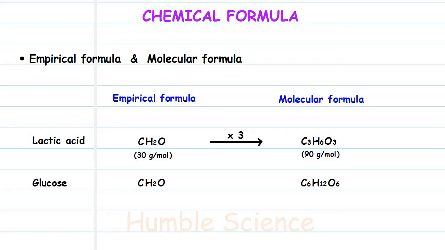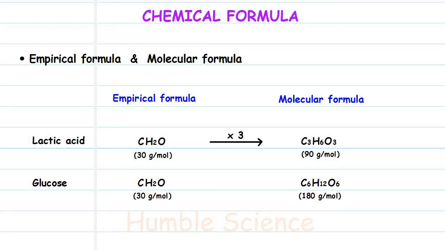Now let's take a look at glucose. The empirical formula of glucose is also CH2O, but the molecular formula this time is C6H12O6. And if we look at the molar mass, CH2O has 30 grams per mole, but C6H12O6 has 180 grams per mole.